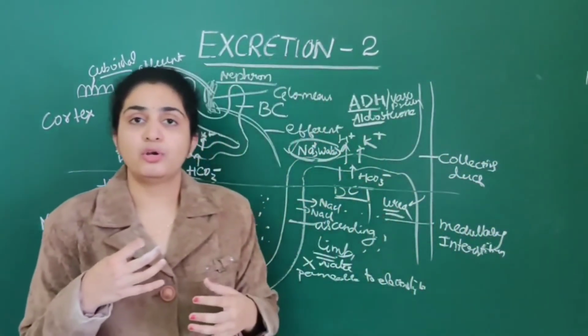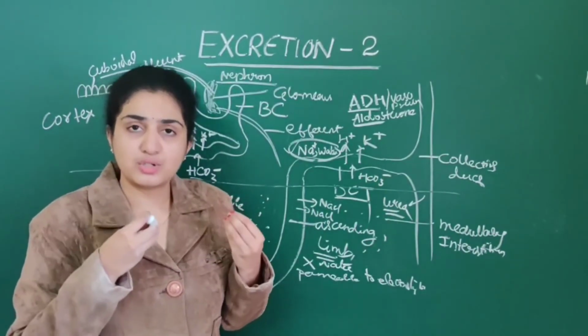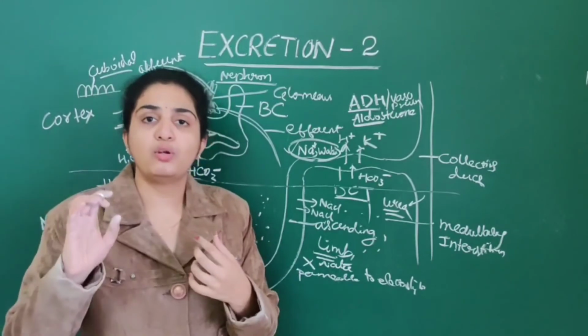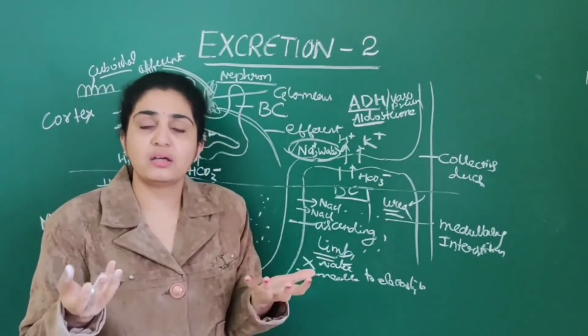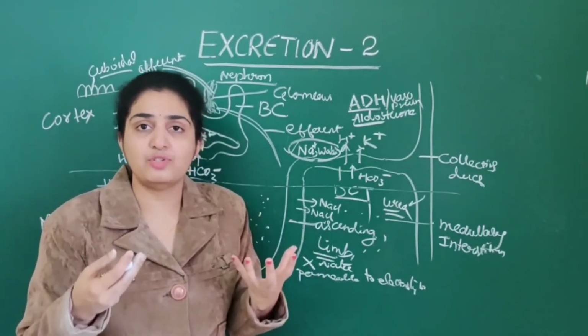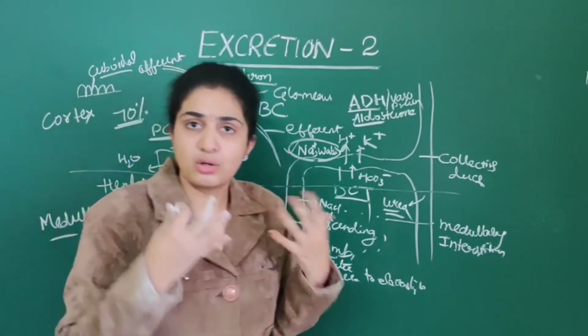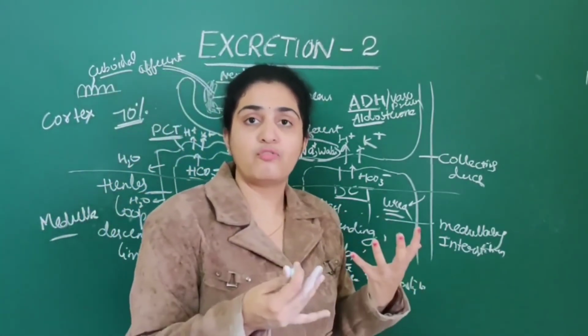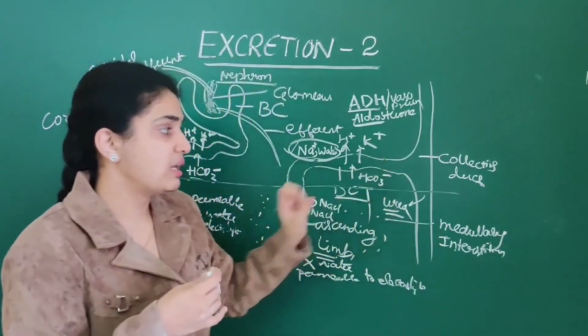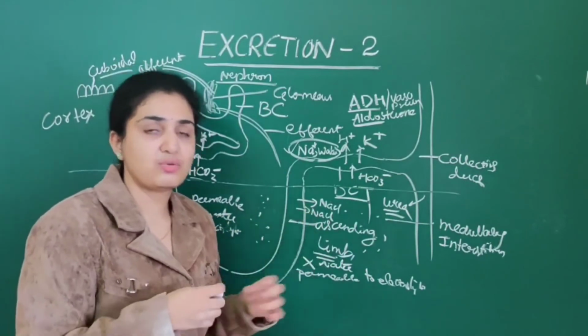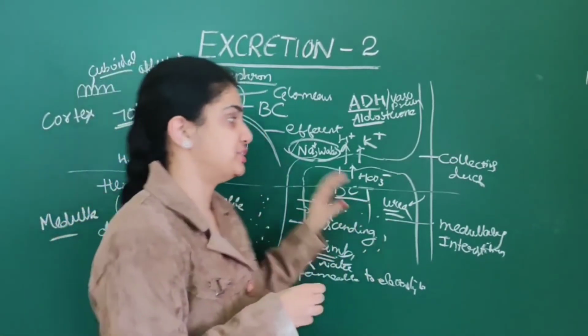Why should it be produced? Because if you consume very little water and everything goes out through urine, how much water will your body absorb? It can't absorb more water. So then this will come into play, that is the collecting duct as well as the medullary interstitium.